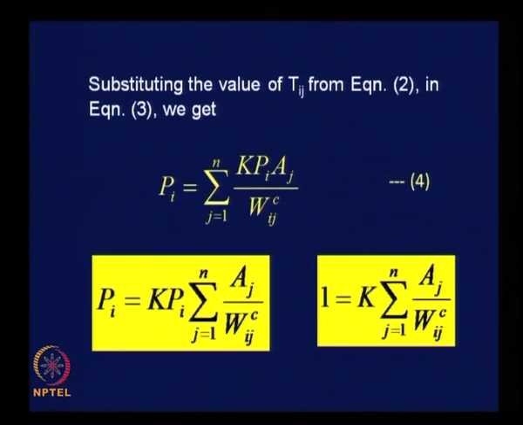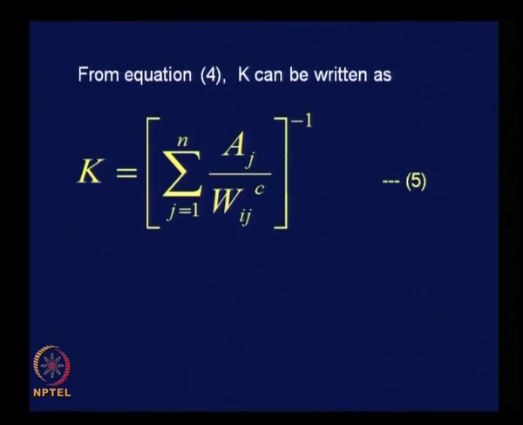From this, k can be written as 1 by sigma j equal to 1 to n Aj by Wij raised to power c, or you can give the same information in a different form. Instead of writing 1 by, you can say raised to power minus 1.